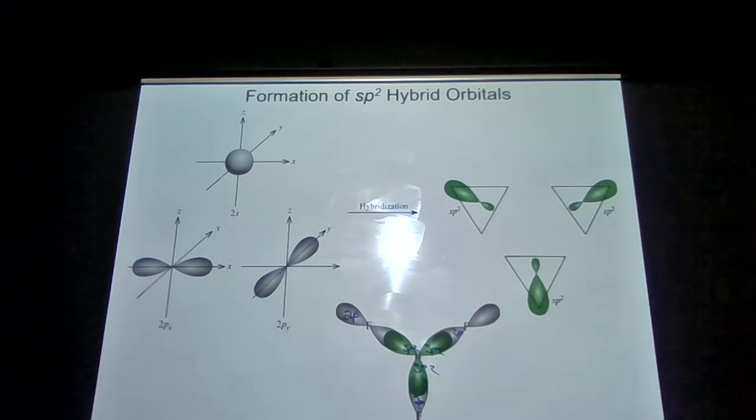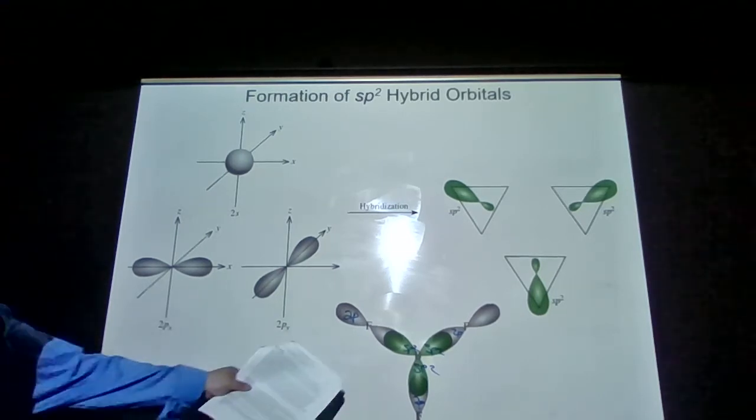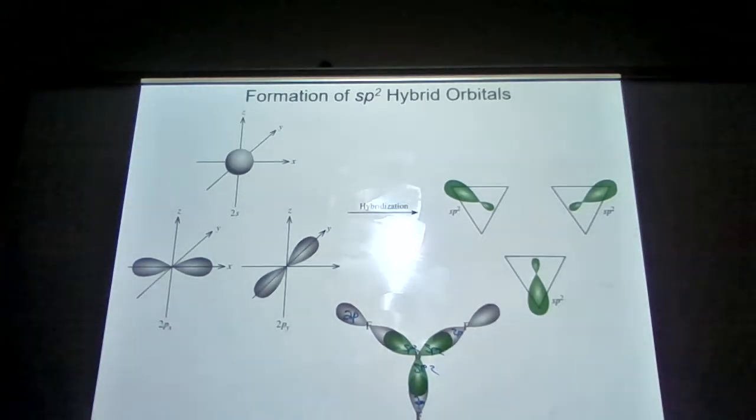So by mixing the s and the p orbitals, we can get sp2 hybridized orbitals, which explains the bond lengths, the bond strengths, and the bond angles that we see when we actually look at the BF3 molecule here.